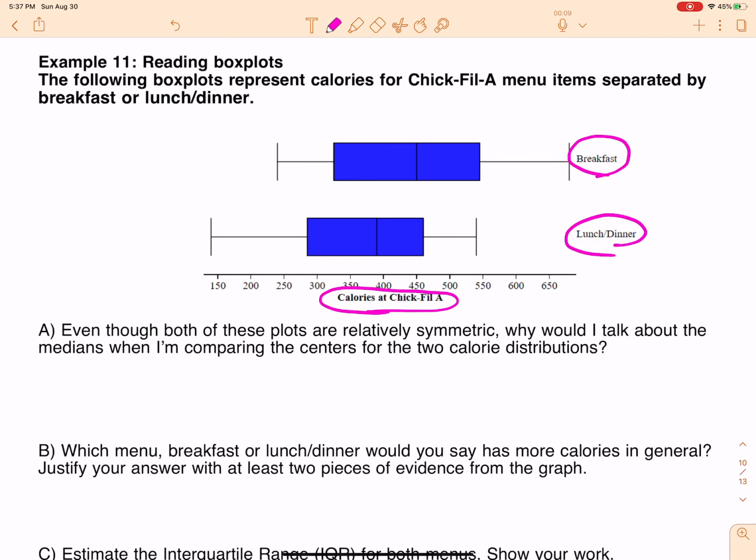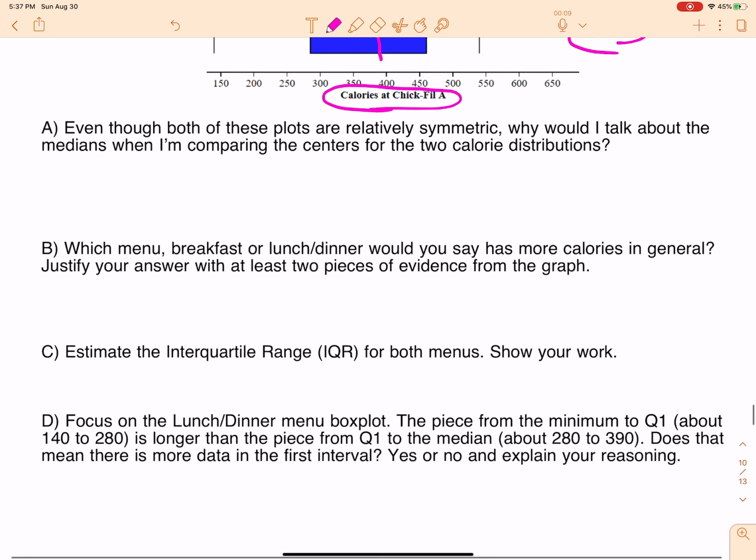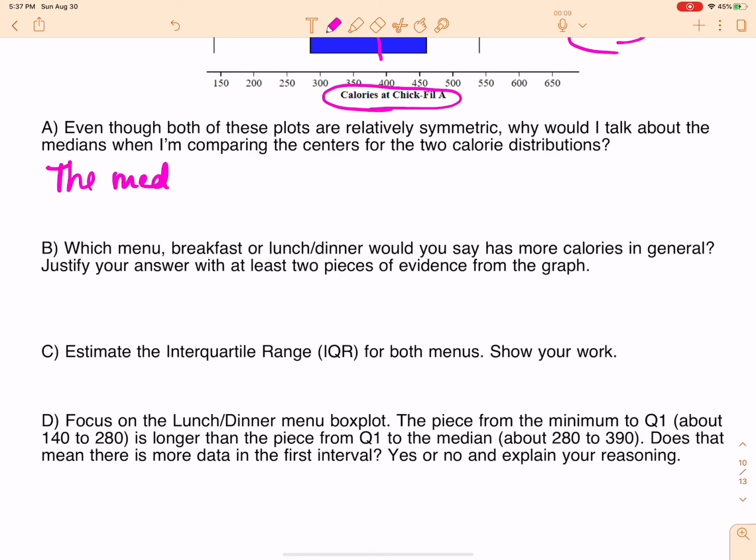Part A: even though both of these plots are relatively symmetric, why would I talk about the medians when I'm comparing the centers for the two calorie distributions? The obvious answer is the right one. Here's the median for lunch dinner, here's the median for breakfast. We talk about the medians because they are visible.